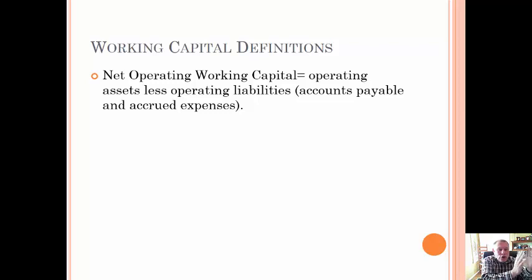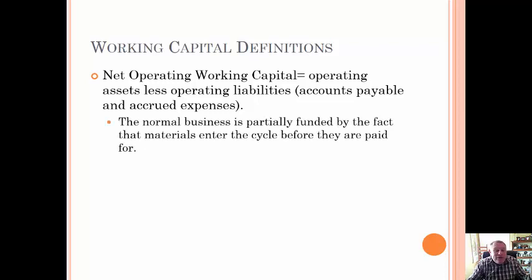So it's the gross, okay, gross working capital, which are the operating assets, less operating liabilities. These are your non-interest-bearing liabilities. That includes your accounts payable and accrued expenses. The normal business is partially funded by the fact that materials enter the cycle before they are paid for.